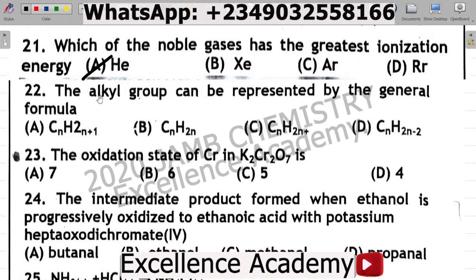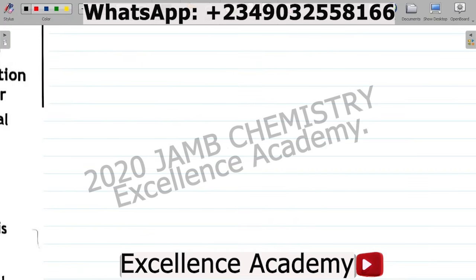Question 22 says the alkyl group can be represented by the general formula. You have option A, option B, option C, and option D. Which of these is your correct answer? Now you want to take note that for question number 22, the alkyl groups are derived from the alkanes by the loss of one hydrogen atom.